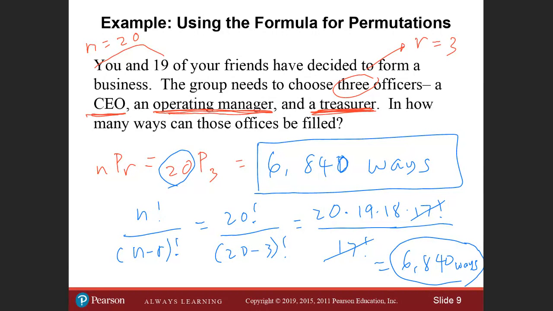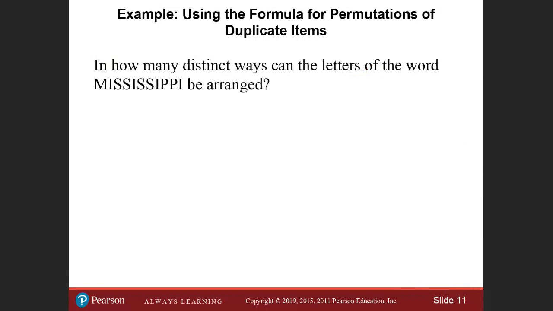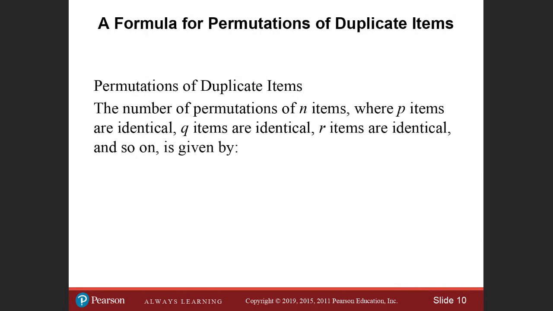Okay, last example. Now the last example here, you have repetitions or duplicates of the letters for Mississippi. So there will be permutation of duplicate items. So here's the definition.